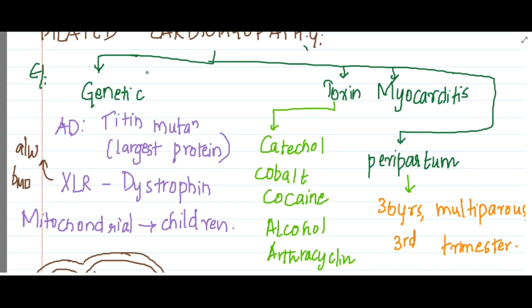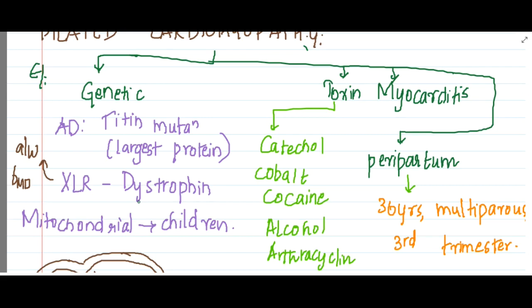Sometimes X-linked dilated cardiomyopathy is also seen, which is associated with the protein dystrophin, and as a result with Duchenne's muscular dystrophy. Mitochondrial inheritance is also seen, but it is less common.